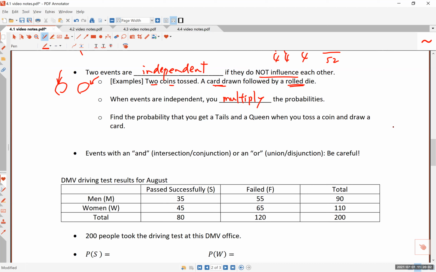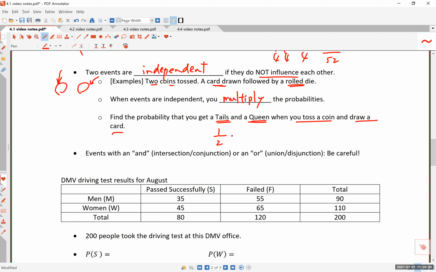So let's try to find the probability that you get a tails on the flip of a coin and draw a queen when you draw a card. All right, so you see what's happening here? You toss a coin and you draw a card from the standard deck of cards. What is the probability that you get a tails and you get a queen? Well, the probability of getting a tails is 1/2.